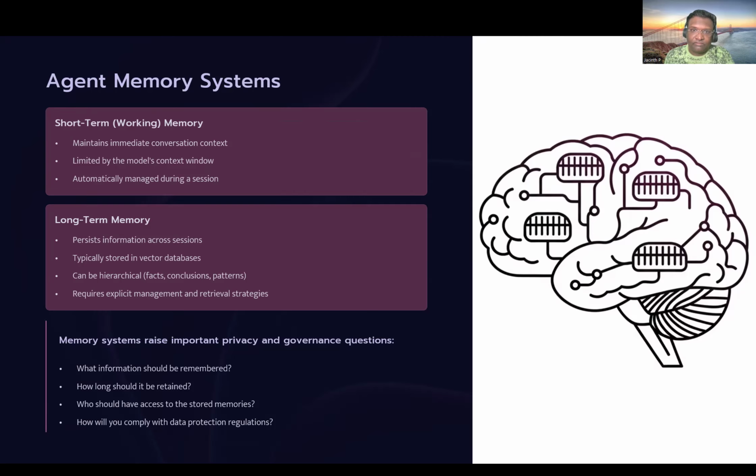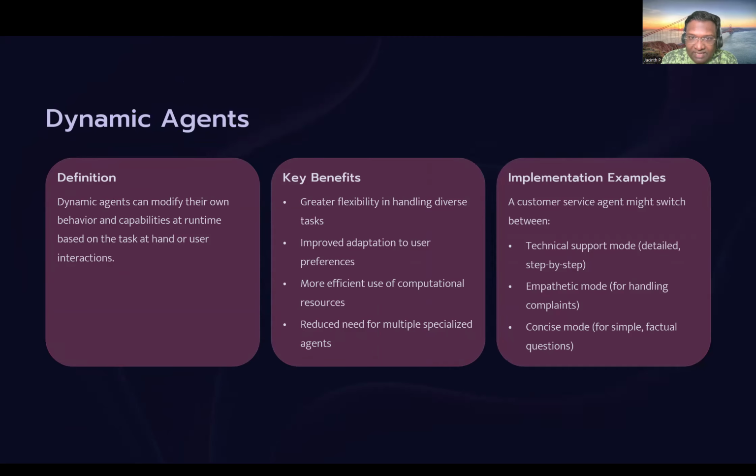There's also this concept of dynamic agents. Dynamic agents adapt their behavior at runtime. They can switch modes depending on the user or the task. This flexibility means they handle diverse tasks without building separate agents for each. They adjust tone and detail automatically, from step-by-step instructions to empathetic customer care.